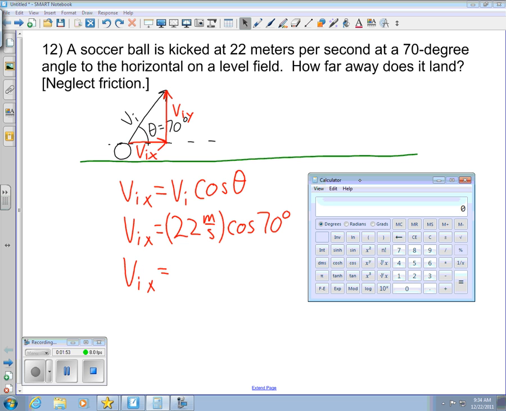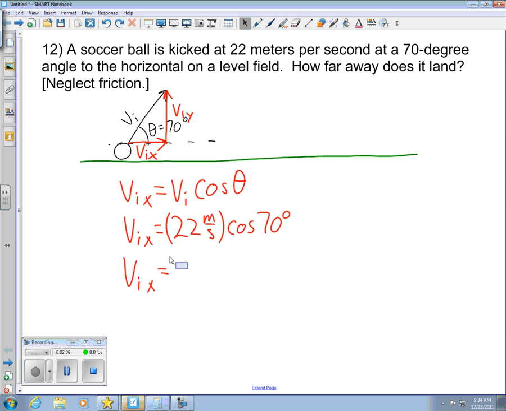I've got 22 times cosine of 70, and I get an answer of 7.5 meters per second.